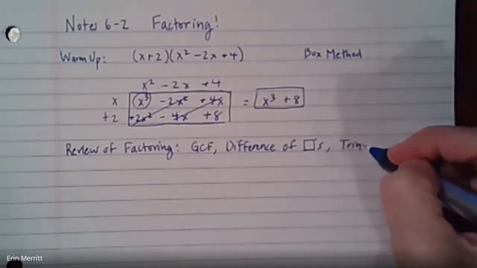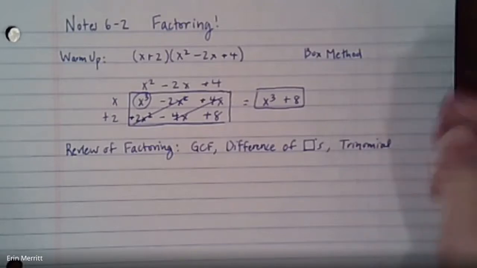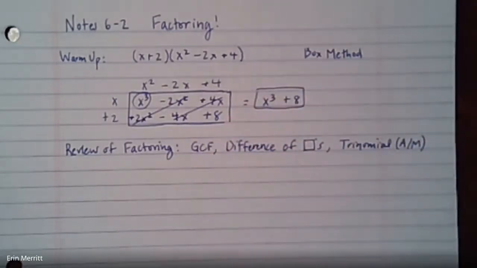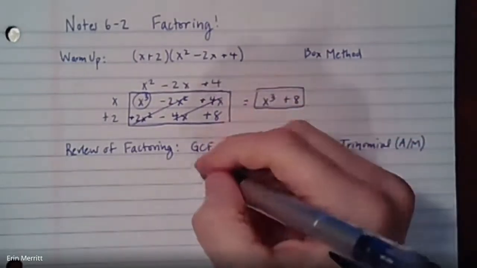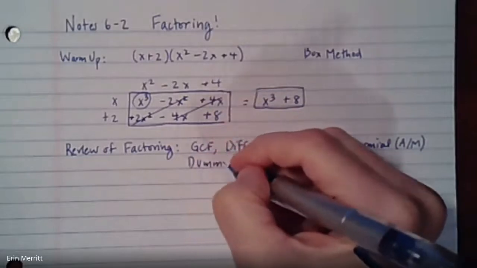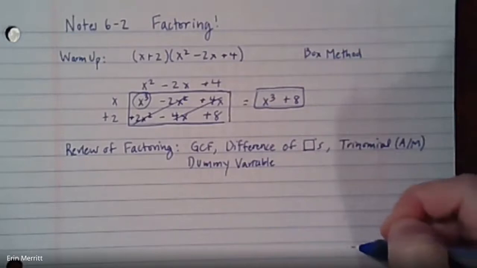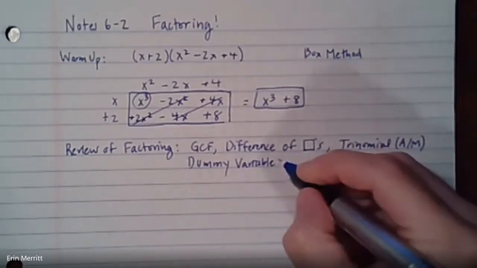There's the trinomial factoring, which is the whole like add, multiply guy. And then we did also learn back in unit 1, the use of dummy variables. It's not a method of factoring, but it's a way to help you recognize what type of factoring you're looking at, right?